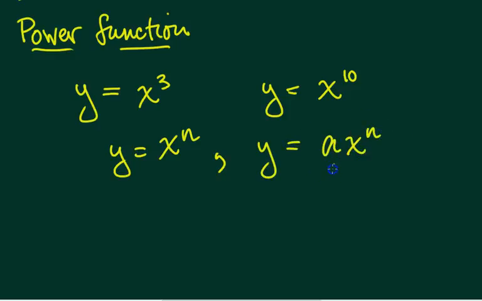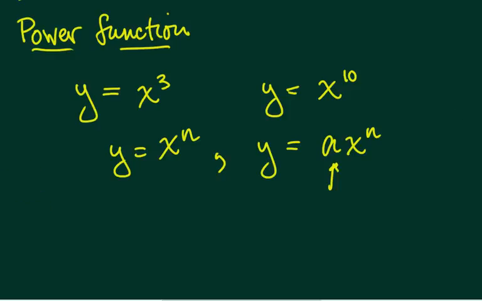They'll allow a single real coefficient here. The fact is that the power functions, as long as we do not have some lower order terms, just the term that gives the polynomial its degree, these all look alike.